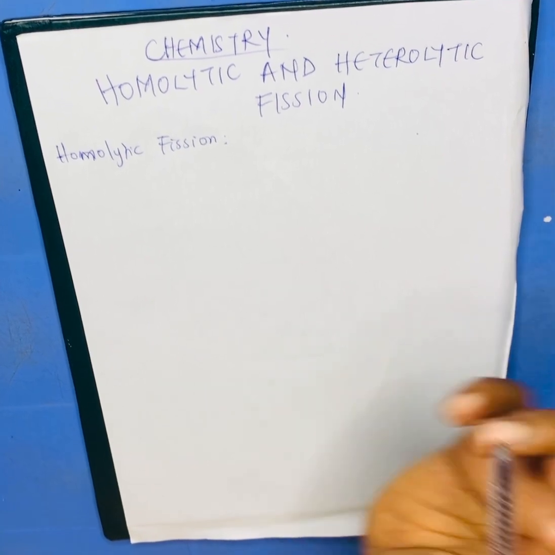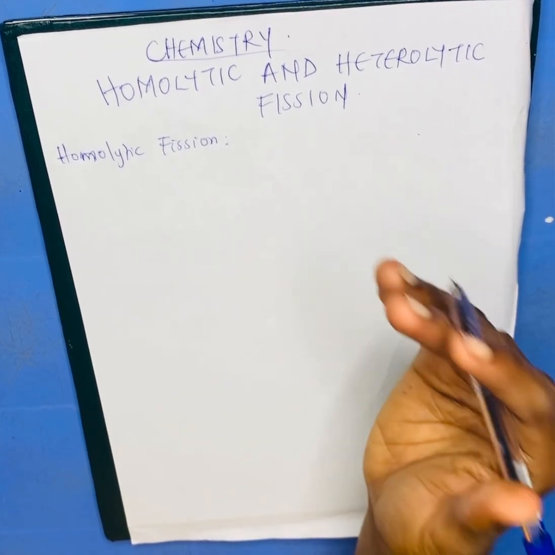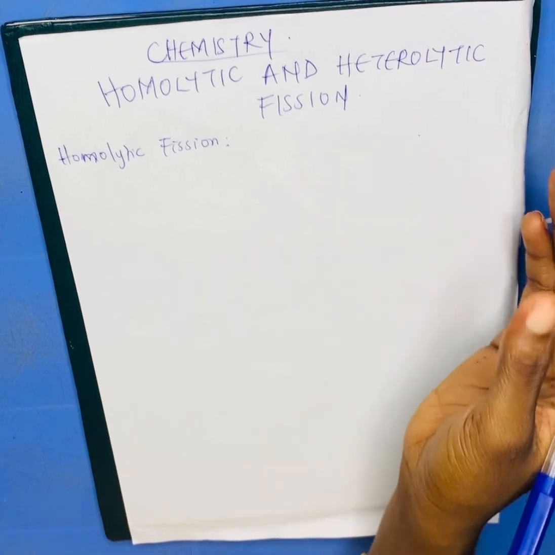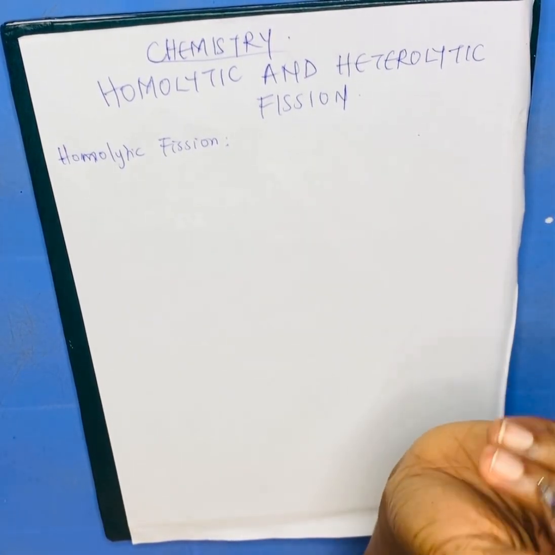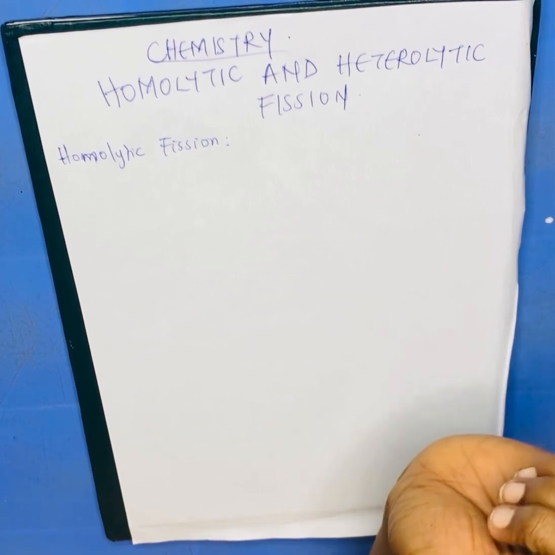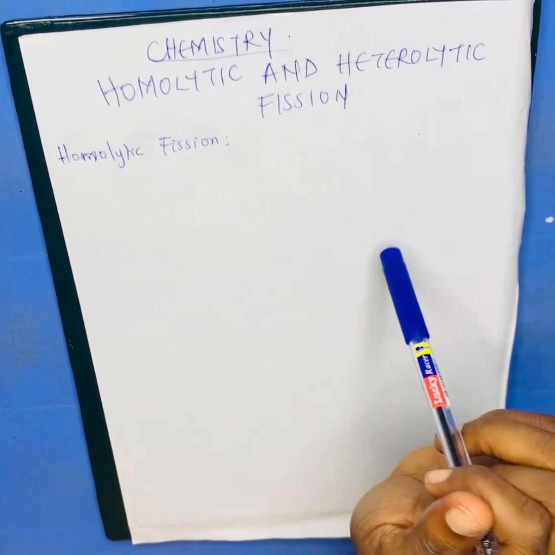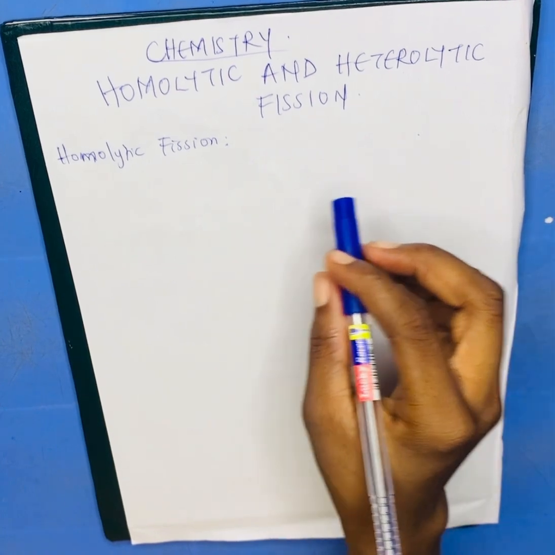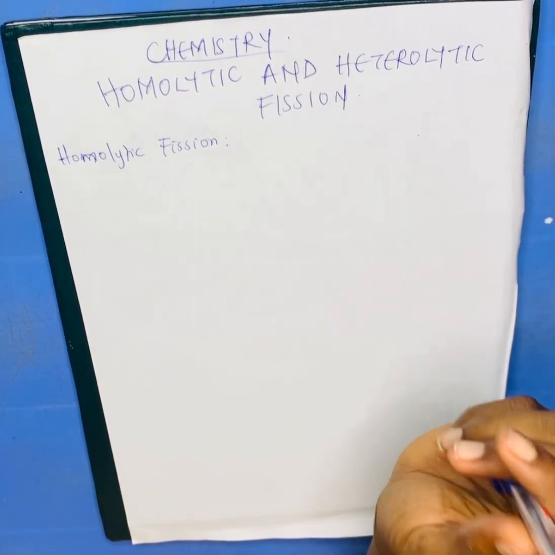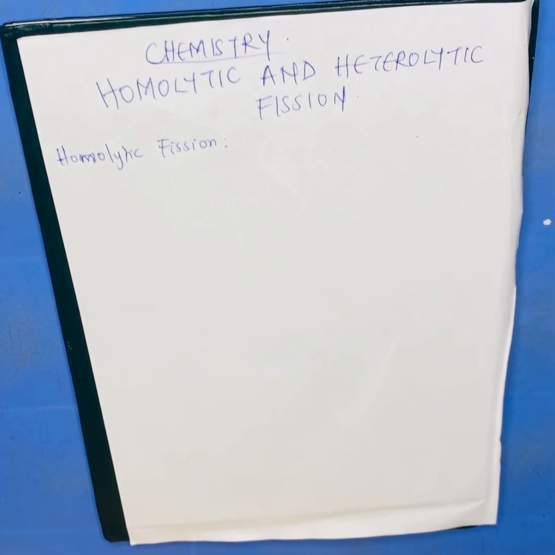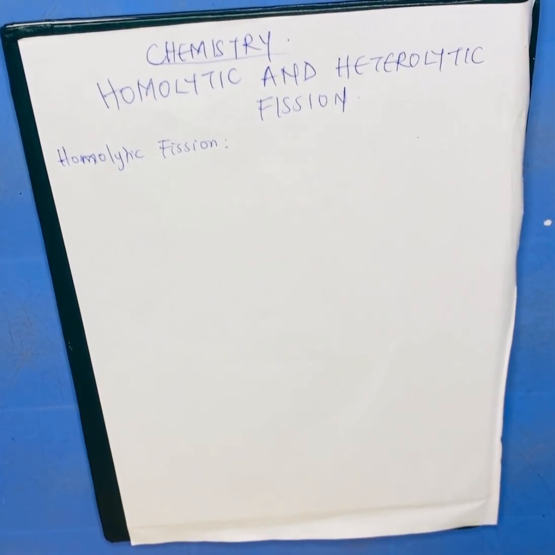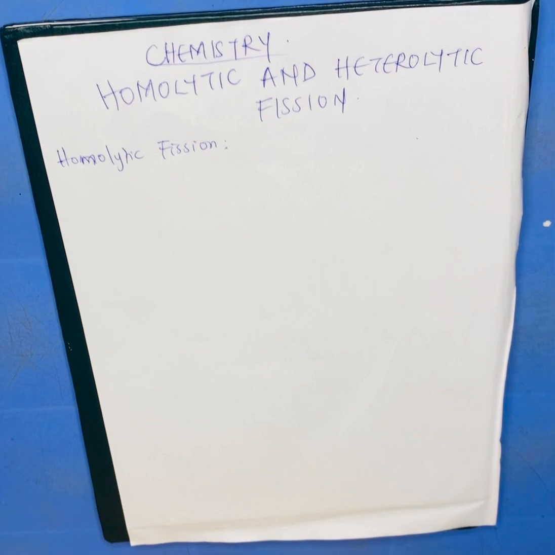So in the case of homolytic fission, we have two atoms that have the same electronegativity, and the electron pair between them, that is the bond between them, is shared equally, and each atom carries an unpaired electron after this fission.